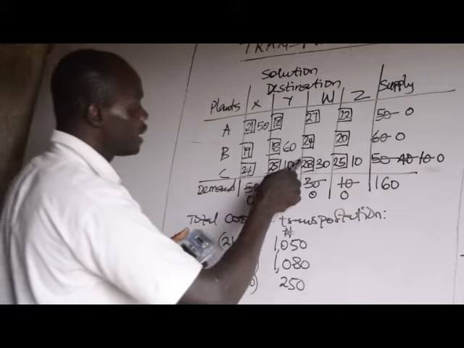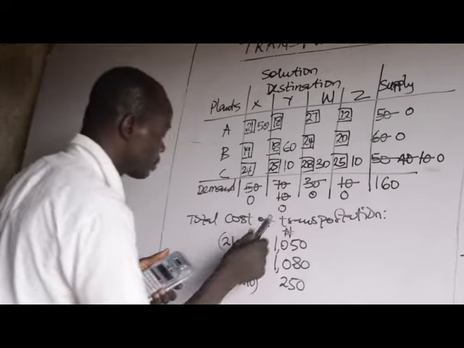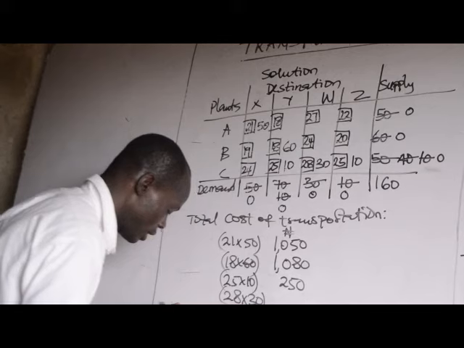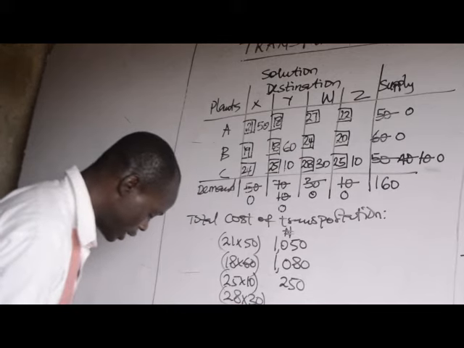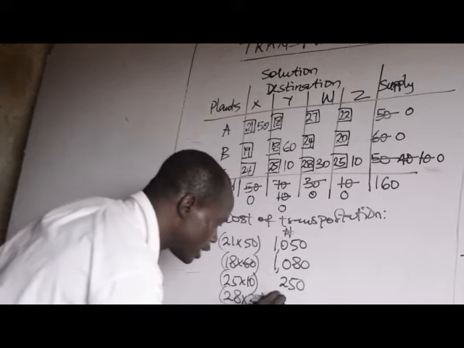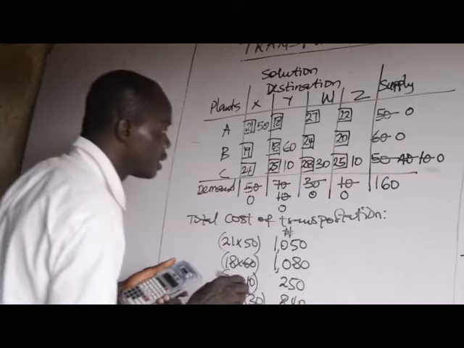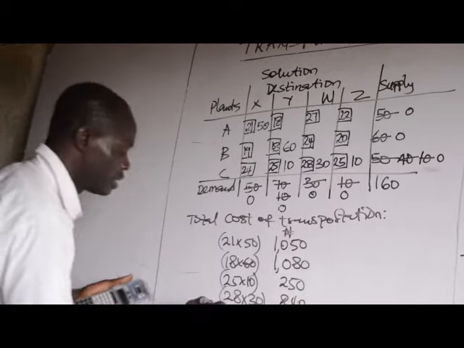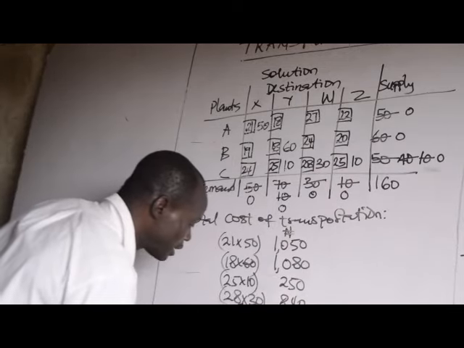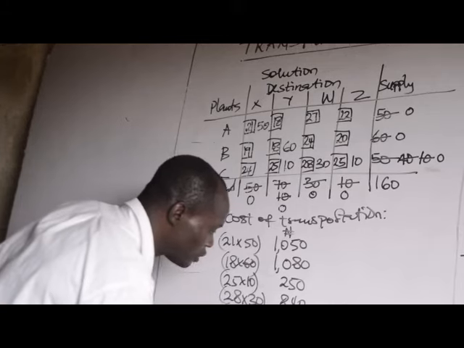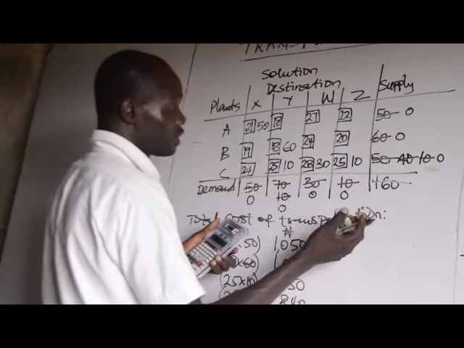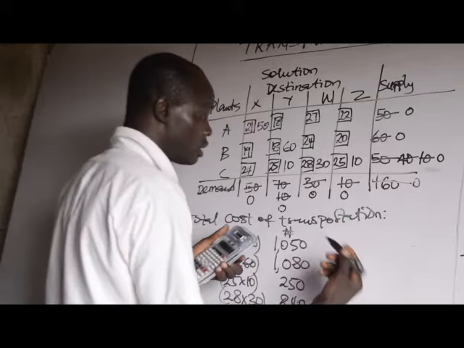Here you have 28 times 30, that gives us 840. Here you have 25 times 10, that gives us 250. Remember, you have allocated the whole 160 you have, so nothing remains.